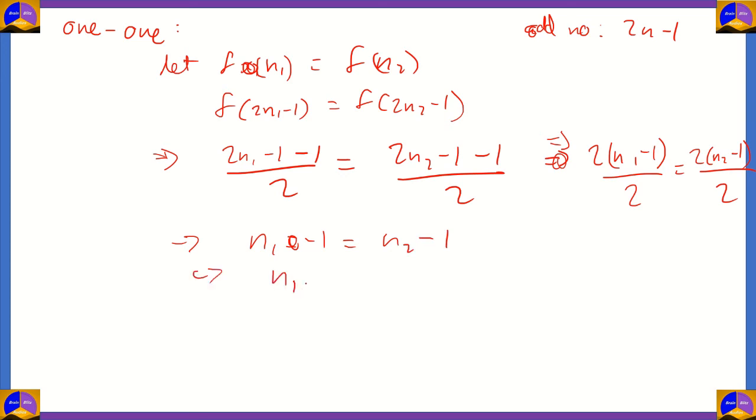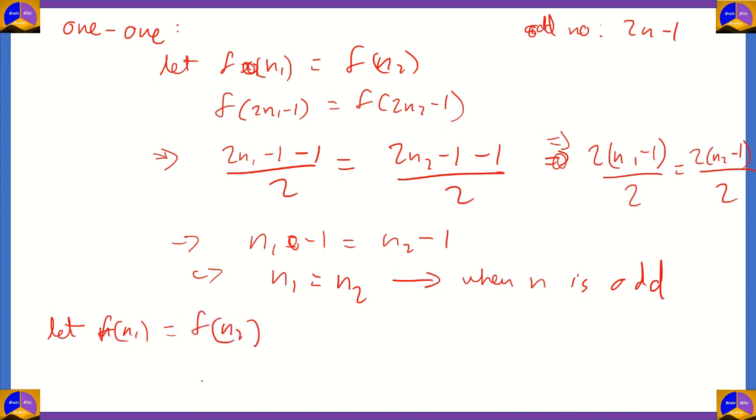So that means n1 is equal to n2 when n is odd.